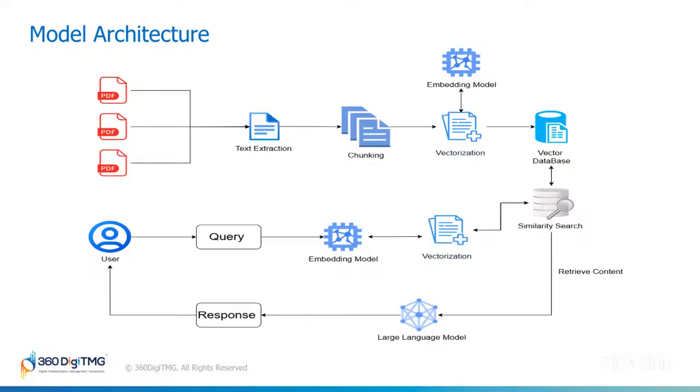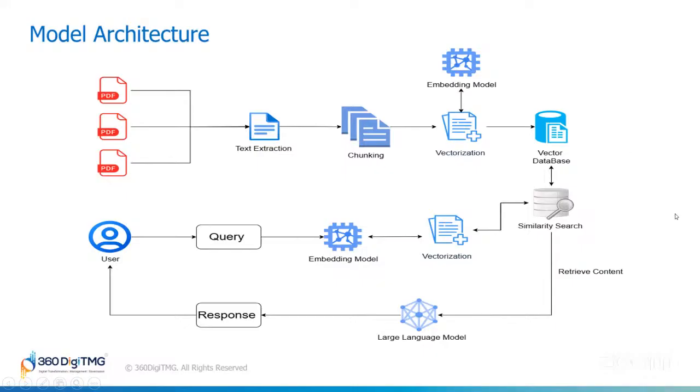So whatever is out of that particular topic, it won't respond to those questions. First it will cross-verify with the provided content. If it is present within the content, then it will generate the response to the question. So this is the basic RAG approach we followed in this project.